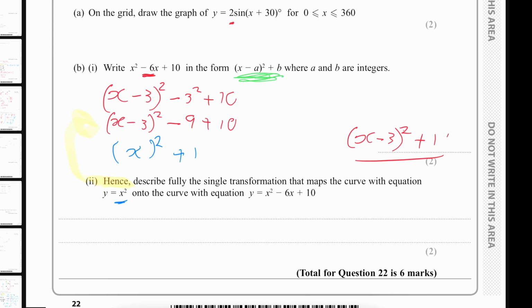Okay, but in that bracket, that square part, it's not just x, it's actually x minus 3, and then a plus 1. So this is a transformation, so it's not an enlargement, not a rotation, not a reflection. It's a translation. So we're going to say it's a translation.